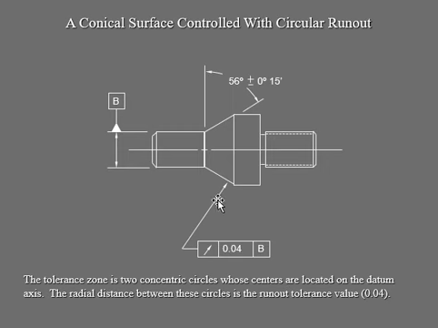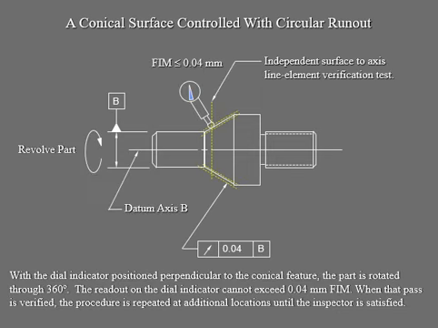So your tolerance zone is two concentric circles, because that's the circle, and then this is your circle. Your center is going to be located on the same datum axis, so your radial distance between these circles is going to be the 0.04 runout tolerance value.